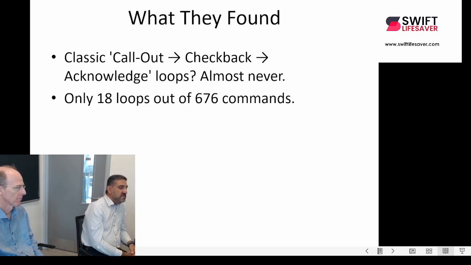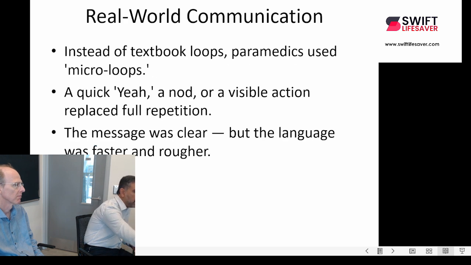What they found was the classic call out, check back, and acknowledgement was not used. So only 18 loops out of 676 commands were classical closed loops, the others were not. But instead of textbook closed loops, the paramedics used micro loops.